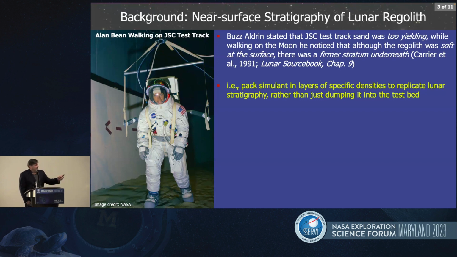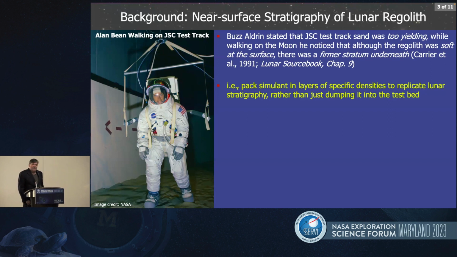And there's a picture of Alan Bean on that same test track. After that, the technicians asked Buzz Aldrin how that compared to walking on the actual lunar surface. And Aldrin replied that the sand was too yielding. While walking on the surface of the moon, he noticed that the regolith was soft at the surface, but he could tell that there was a firmer stratum underneath.